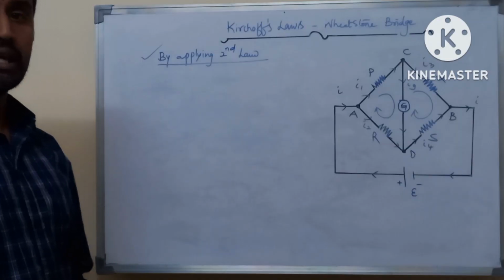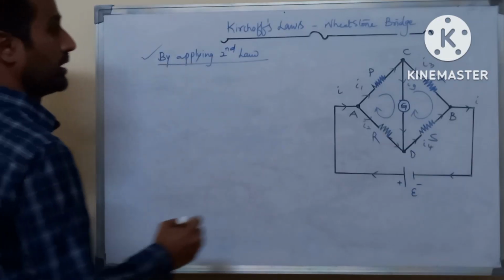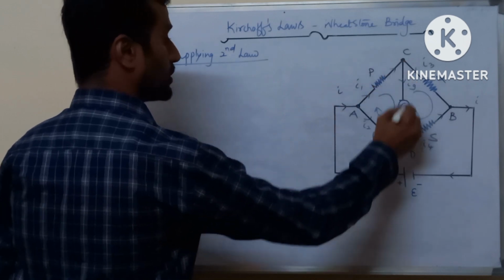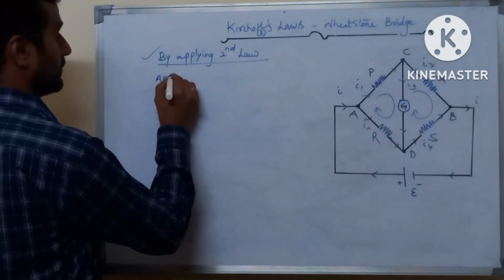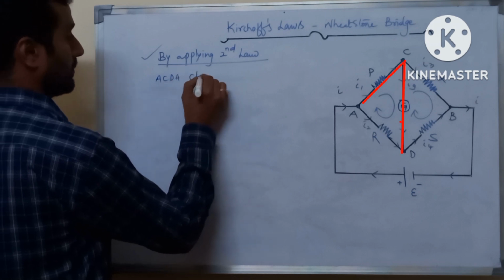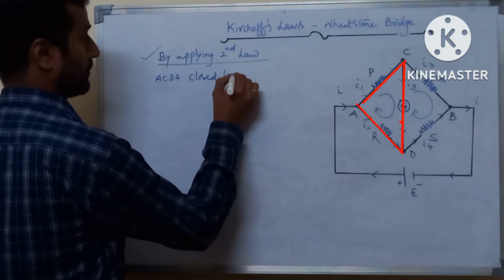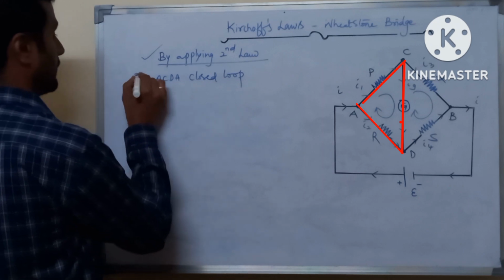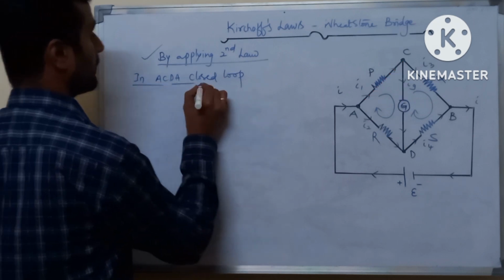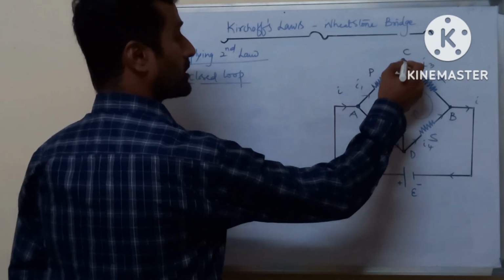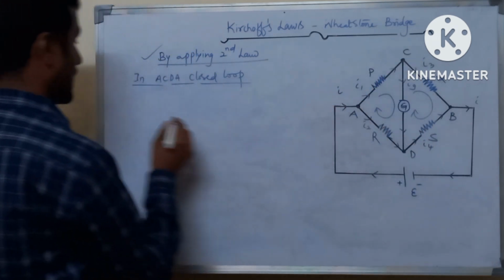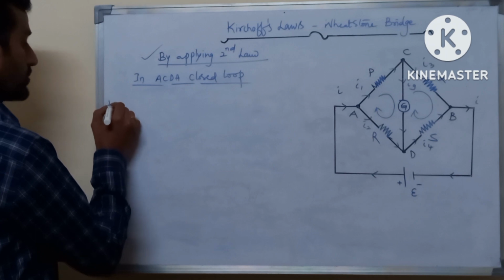Now, by applying Kirchhoff's second law in the closed loop ACDA, we get the potential drop across the branches, which can be calculated by using Ohm's law.